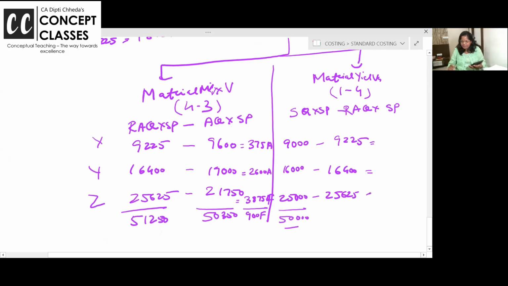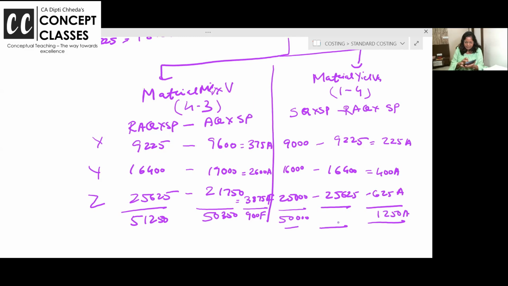Now check this. 225 adverse, 400 adverse, 625 adverse. Overall 225 plus 400 plus 625 पूरा adverse है, 1250 adverse. और यहाँ पे 9225 plus 16,400 plus 25,625, 51,250. बोलिए, क्या आपको क्लियर है?